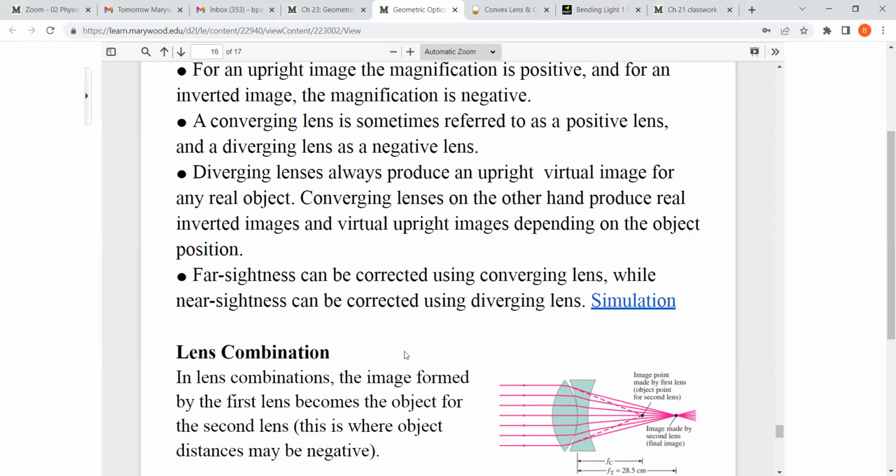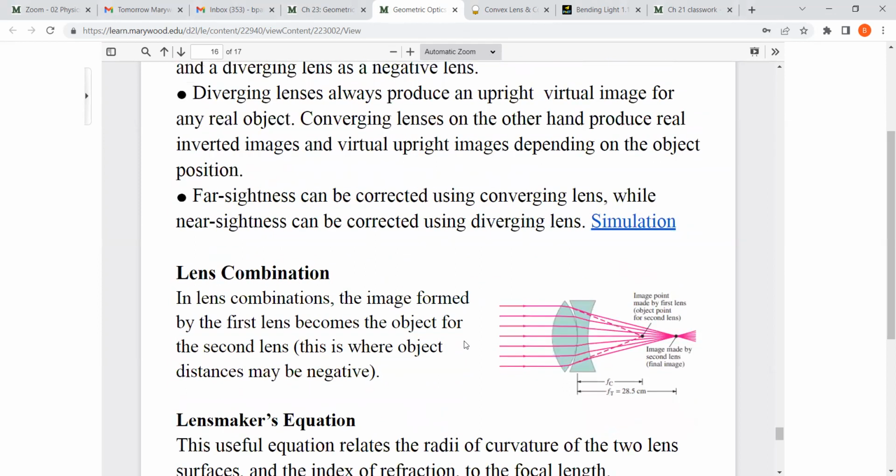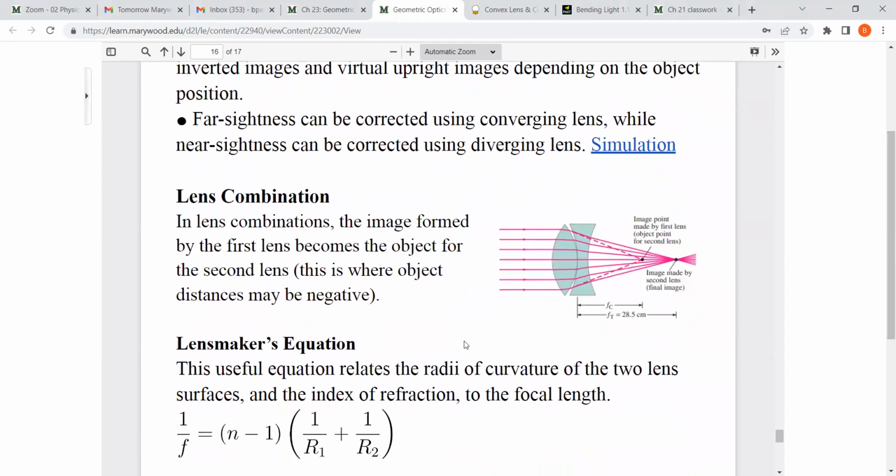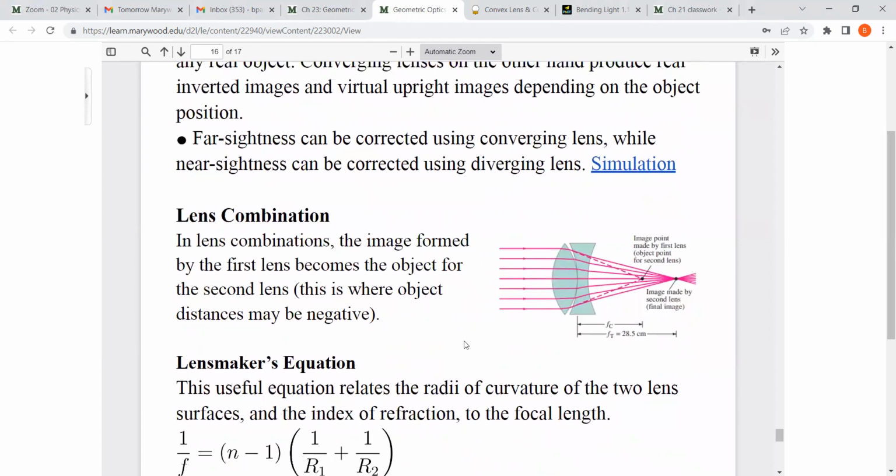All right. The last thing we are going to learn is lens combination. Lens combination means when we have more than one lens in action. When we have more than one lens in action, we have to analyze each lens separately.